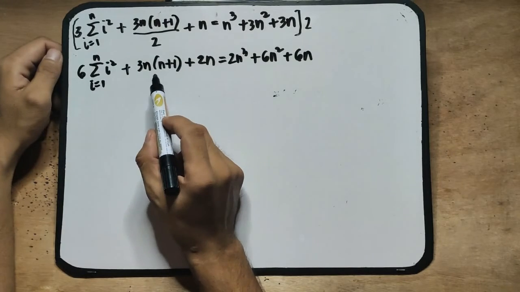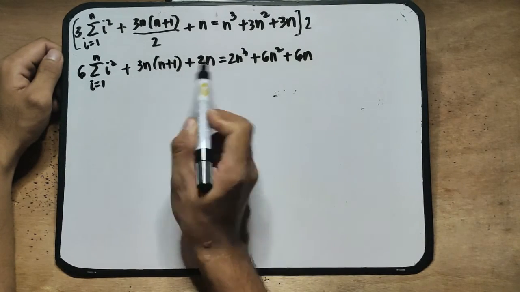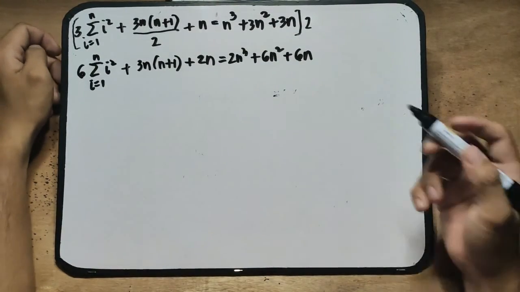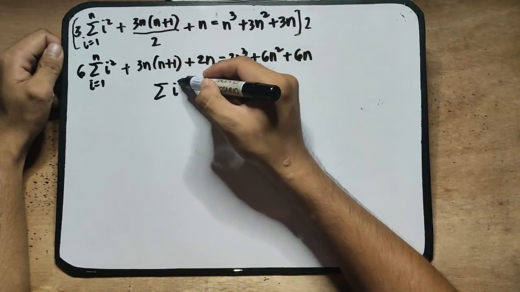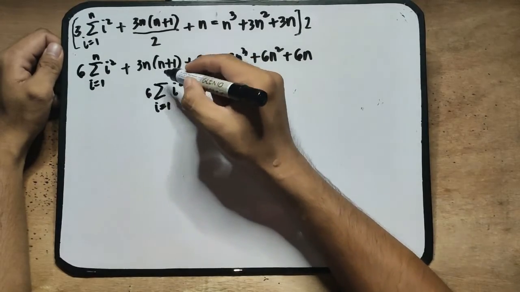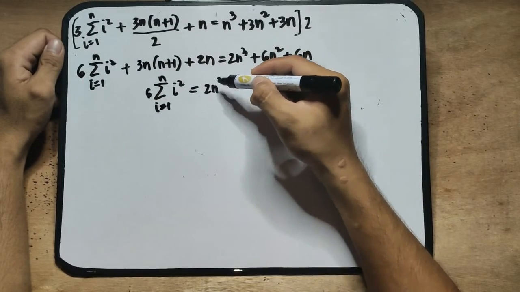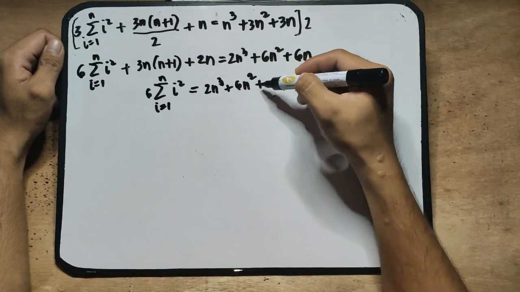So, ita-transpose natin lahat ng to sa kabila, and then ang maiiwan lang sa side na to ay yung 6 times the summation of i squared from 1 to n. So this will be 6 times the summation of i squared from 1 to n is equal to 2n cubed plus 6n squared plus 6n.